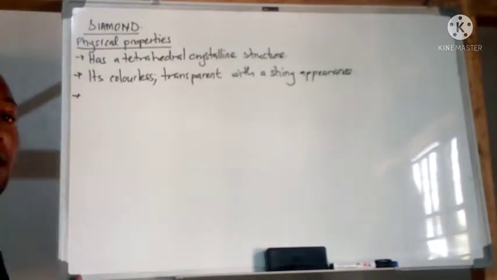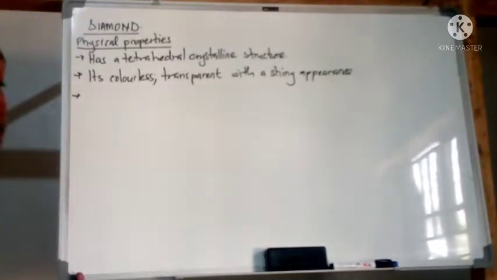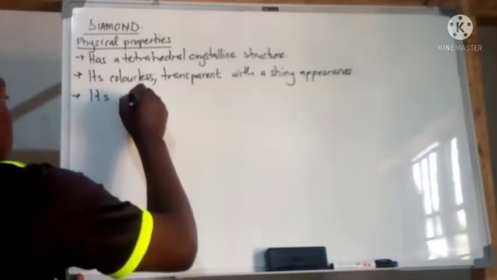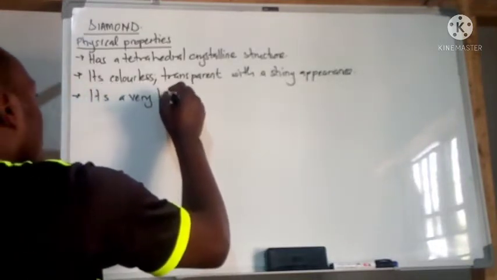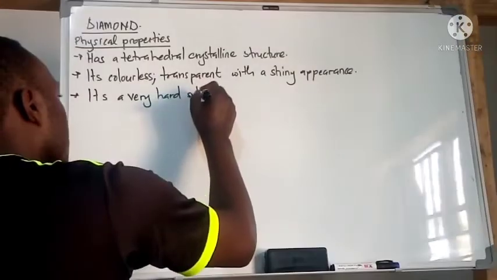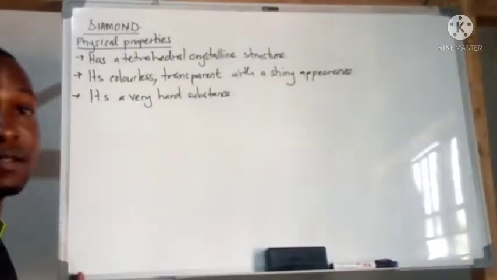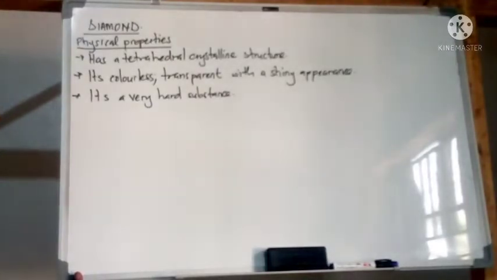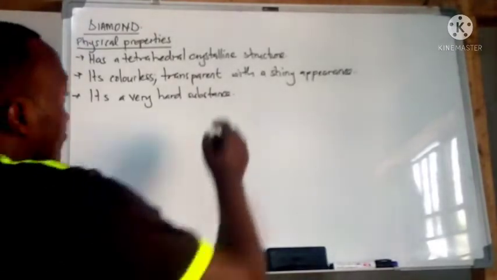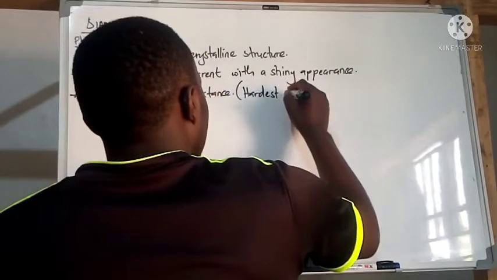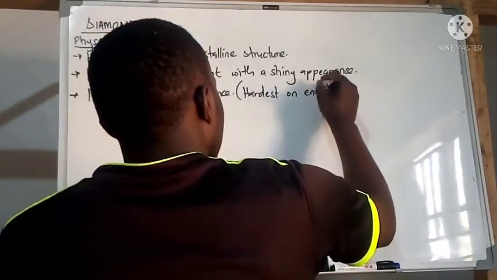The next characteristic or physical property of this diamond, it's a very hard substance. Actually, it is the hardest we know on Earth. So, very hard substance, in brackets, hardest on Earth.